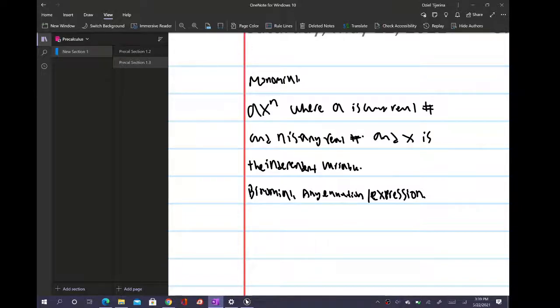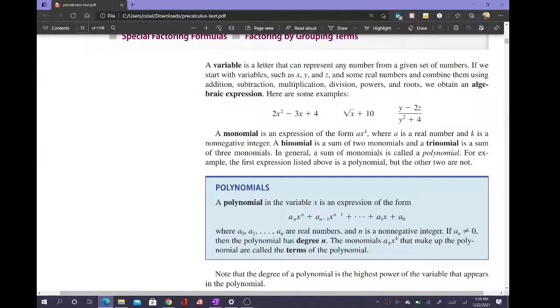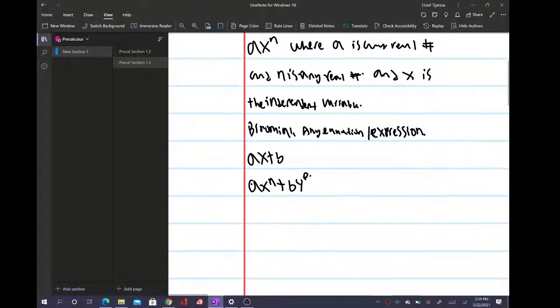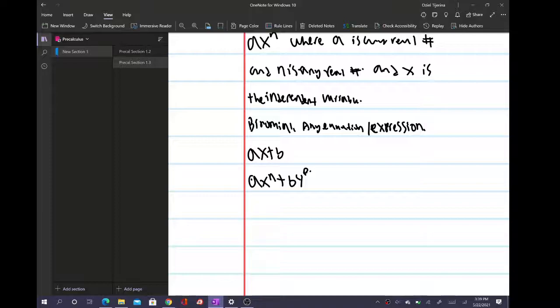So you have, for example, ax plus b, or basically it's the sum of two monomials, right? So if I say, for example, ax to the n plus by to the p. So this is a binomial, right?